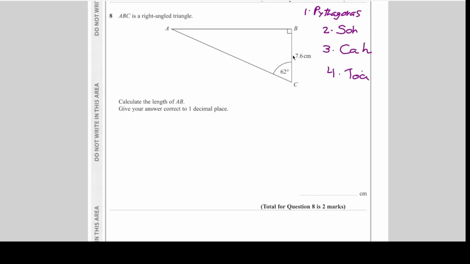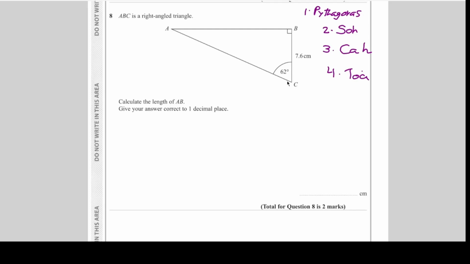Let's label what the hypotenuse is. The hypotenuse is the longest side of the triangle. At a glance, you can see AC is the longest side.